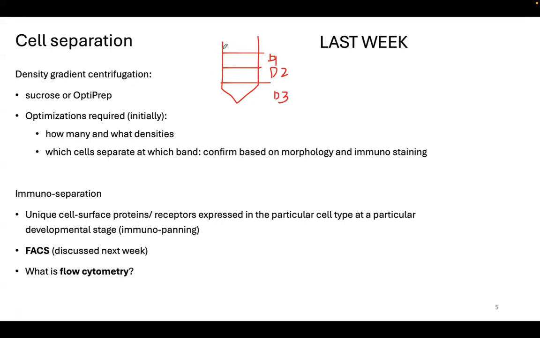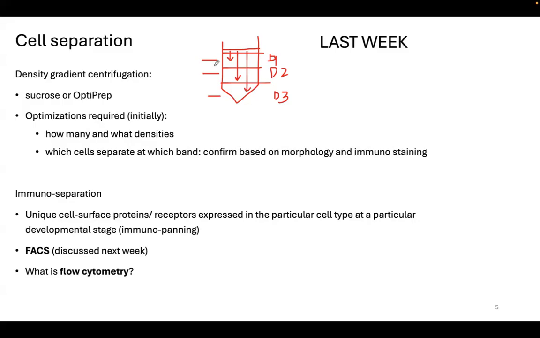If you add your cells at the top, some of them will settle here, some will settle here, and some here, depending on their densities. Then you can separate out whatever cells came to each layer. If your cell suspension had, suppose, three different types and they got into three different layers, then it's great.